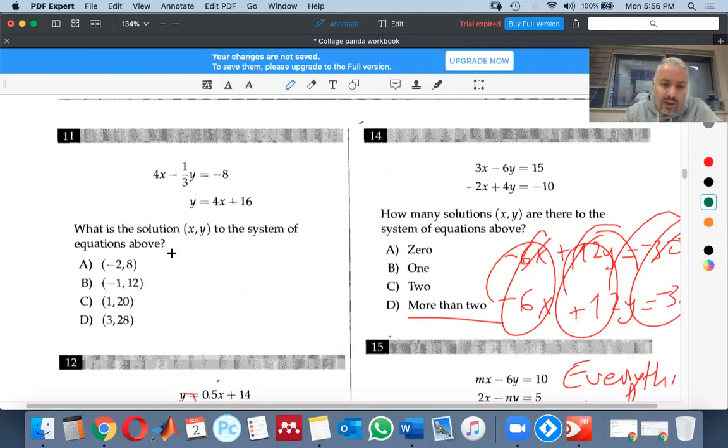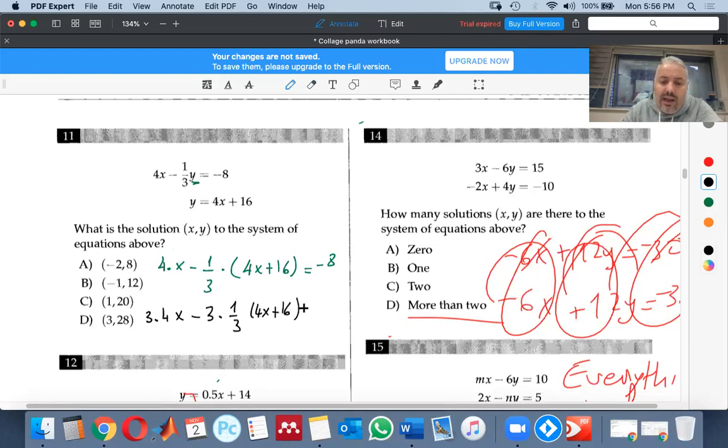Okay, how can we solve? One more time. 4 times x minus 1/3 times y. So what is y? 4x plus 16 is equal to negative 8. The best thing is to multiply this by 3. So 3 times 4x minus 3 times 1/3, and this is 16, and 3 times negative 8.